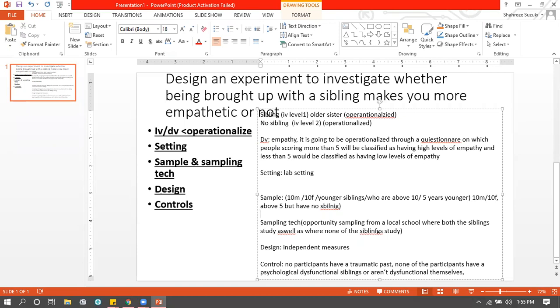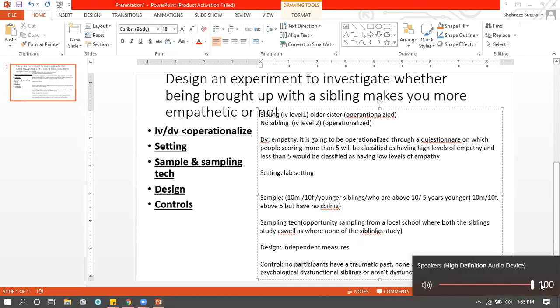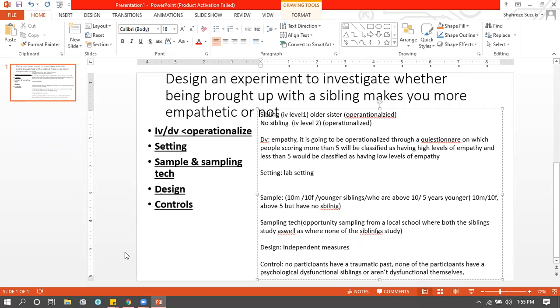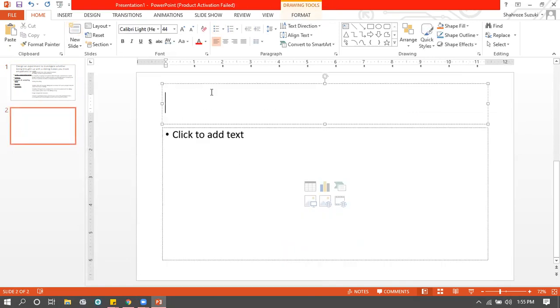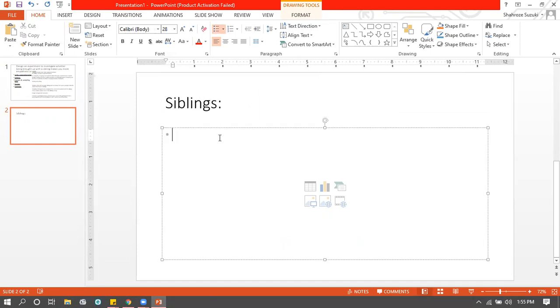All right. So the question is not whether they agree or not. The problem right here is this one. When you say siblings, there are possible outcomes. Number one, the gender of the siblings, right? Is it going to be a brother or a sister?